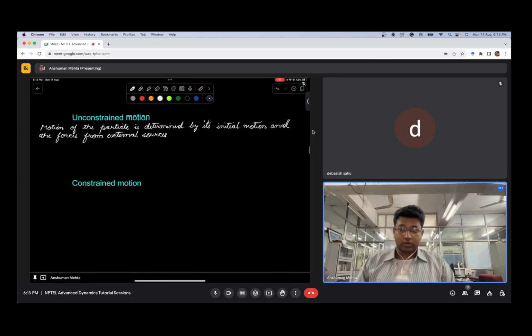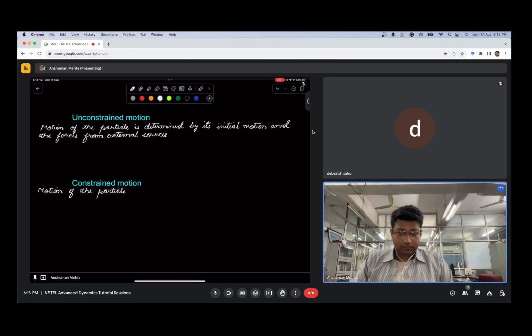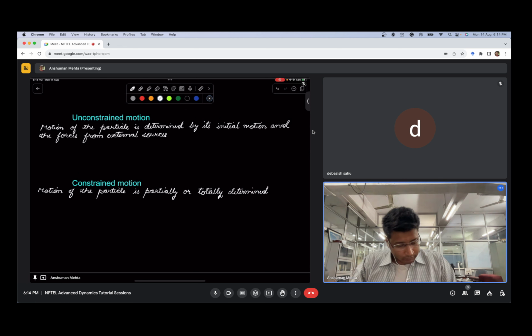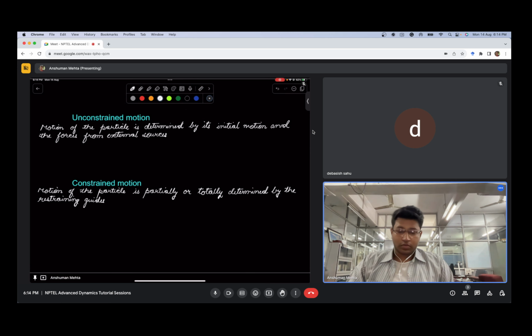What happened in the constrained motion? So motion of the particle is partially or totally determined by the restraining guides, which is other than its initial motion and the forces from the external sources.